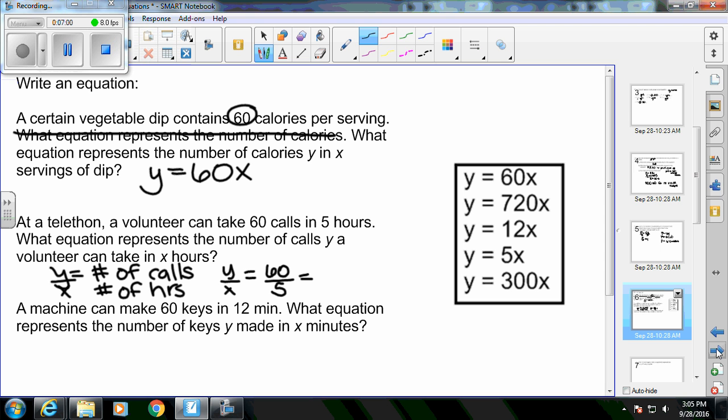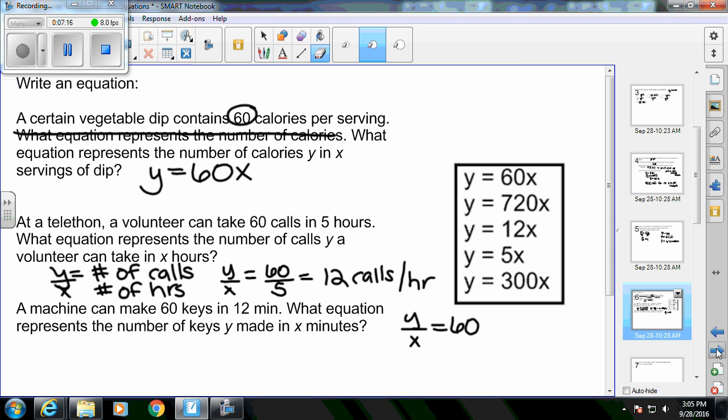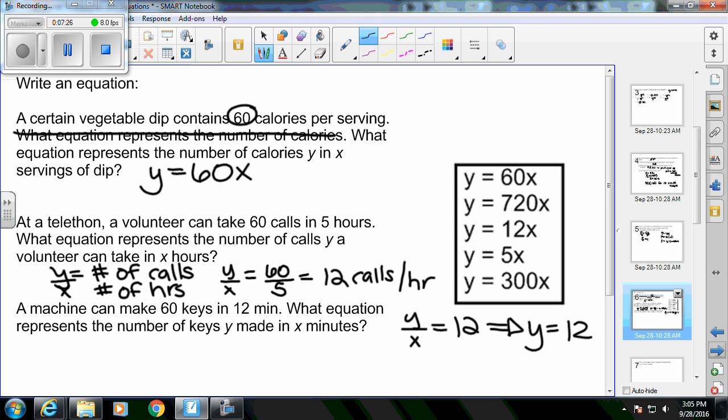When I simplify that, 60 divided by 5 is 12, so I get 12 calls per hour. So y over x equals 12. And when I move the x over, I get y equals 12x.